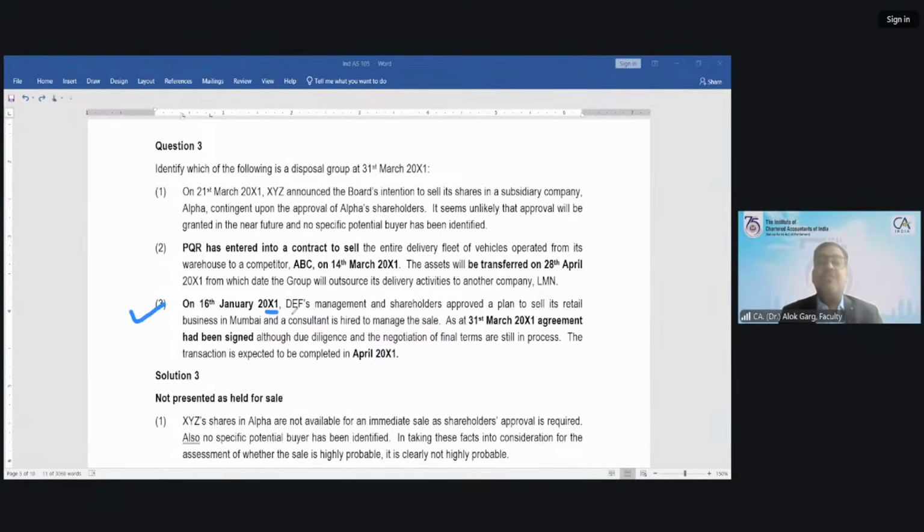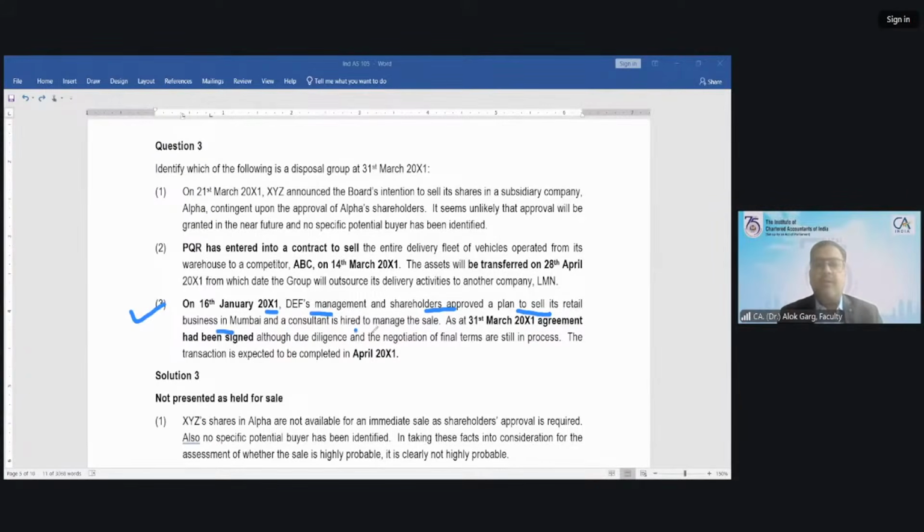On 16th January 20x1, DEF, a company, its management and shareholders approved a plan to sell its retail business in Mumbai. Okay, so the management and shareholders both have approved a plan to sell its retail business in Mumbai, and a consultant is hired to manage the sale.